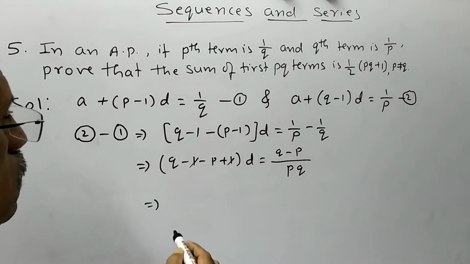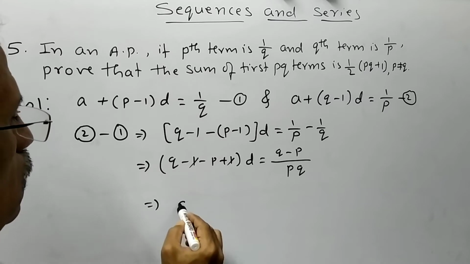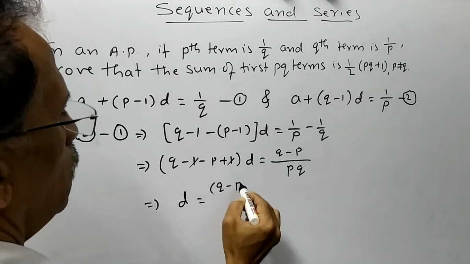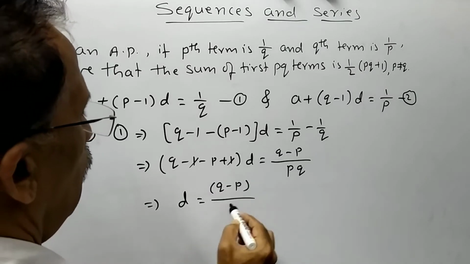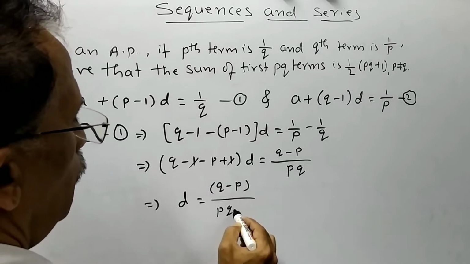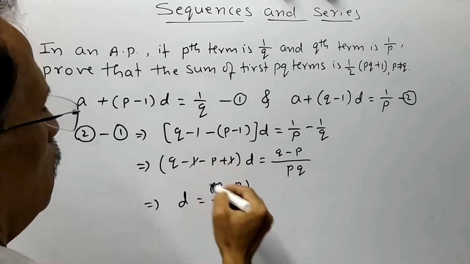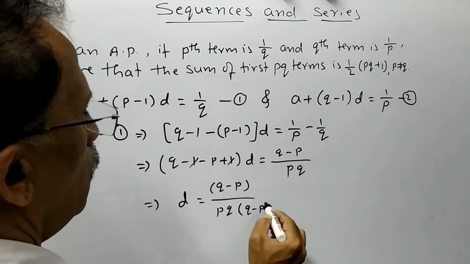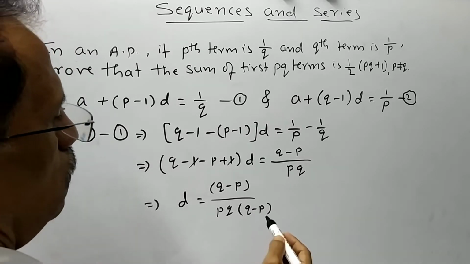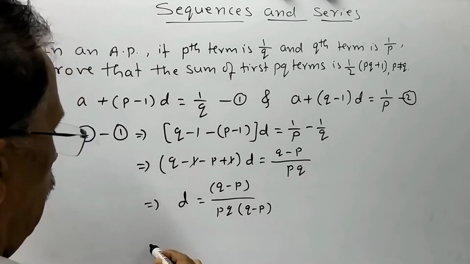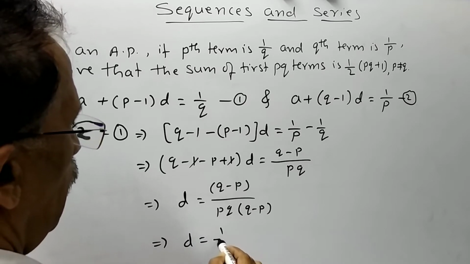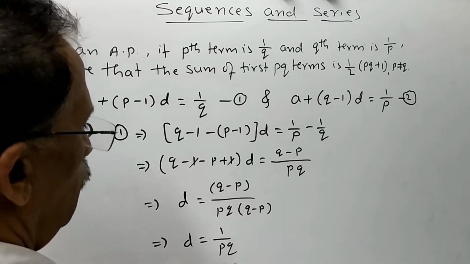Implies d is equal to q minus p divided by pq into, this q minus p we can bring to denominator, implies d is equal to 1 by pq.